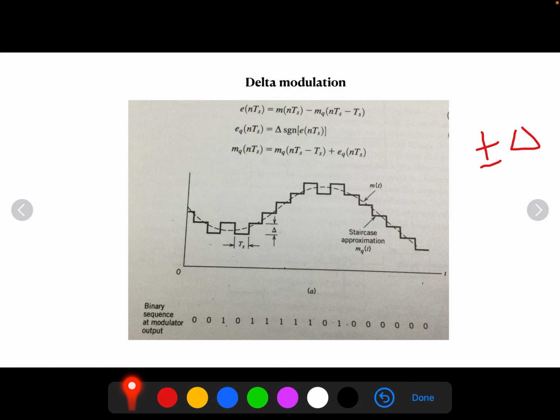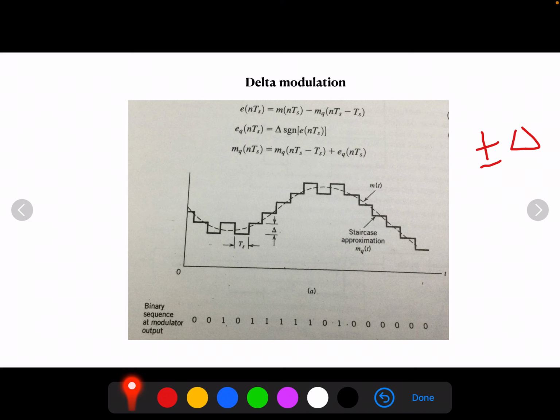Now if you observe the plot here, the dotted line is the message signal. If the approximation is lying below the message signal, it is treated as 0. Whenever the approximation is more than the message signal, it is treated as 1. That is the basic concept used in delta modulation.